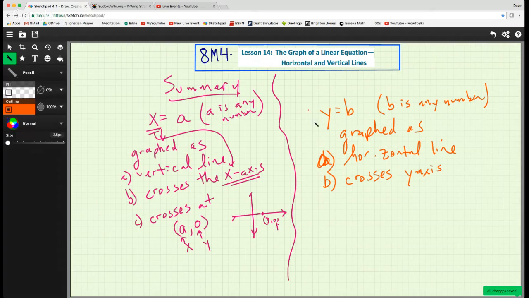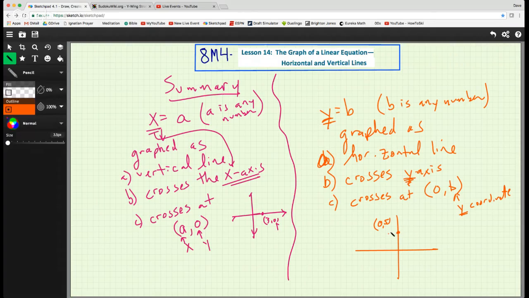And you know that y equals b crosses the y-axis because it crosses at 0, b, where b is your y coordinate, right? It's the y coordinate because we're talking about the y-axis and y equals b. So it will cross, say, here at 0, 5. If that's 5, this is 0, 5. And there's our line, something like that.